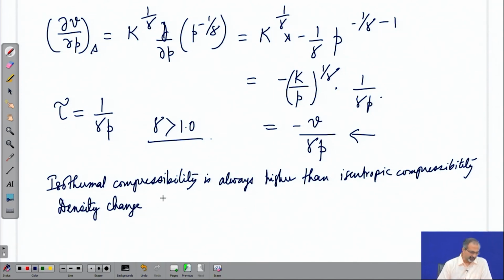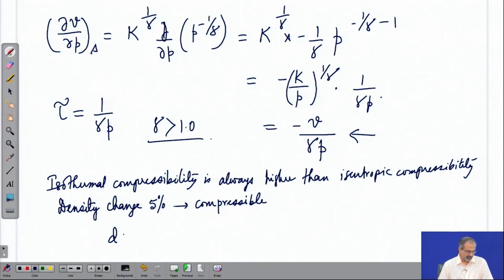But typically, when the density change becomes about 5% or so, you can start considering the fluid to be behaving as a compressible one.